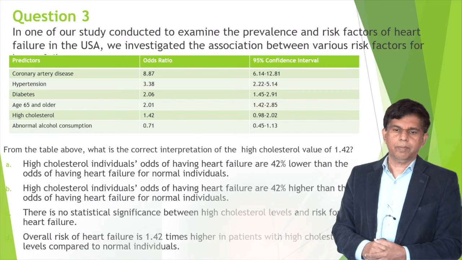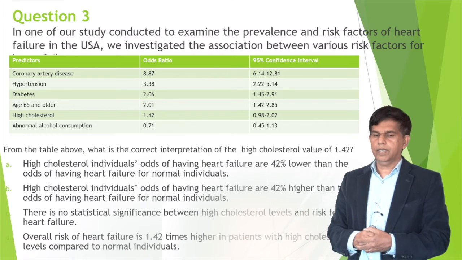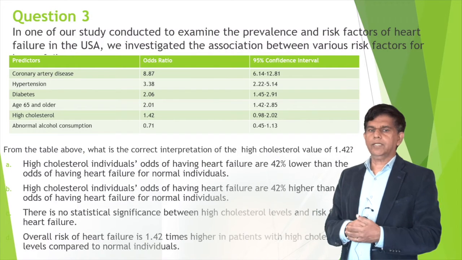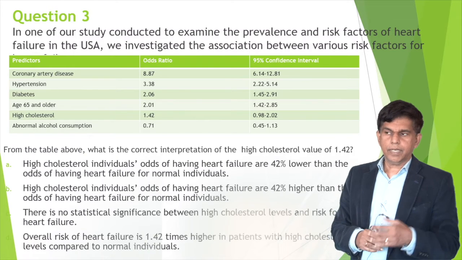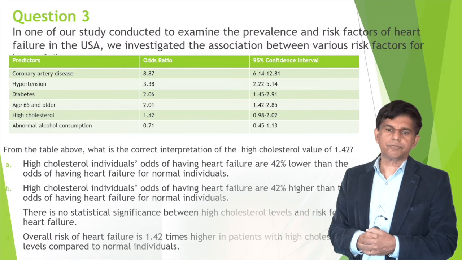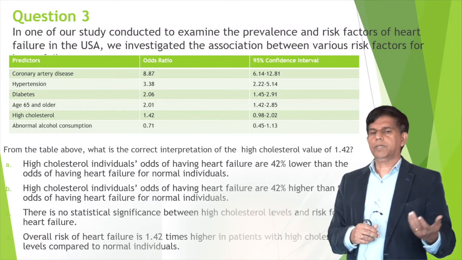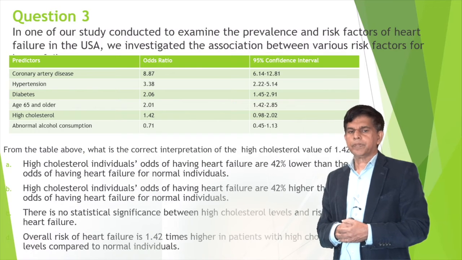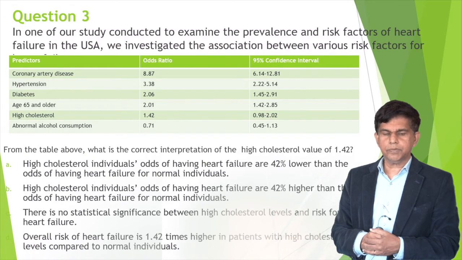From the table above, what's the correct interpretation of the high cholesterol value, which is 1.42? Now let's look at our options. Option 1: high cholesterol individuals' odds of having heart failure are 42% lower than the odds for normal individuals. Option 2: high cholesterol individuals' odds of having heart failure are 42% higher than the odds for normal individuals.